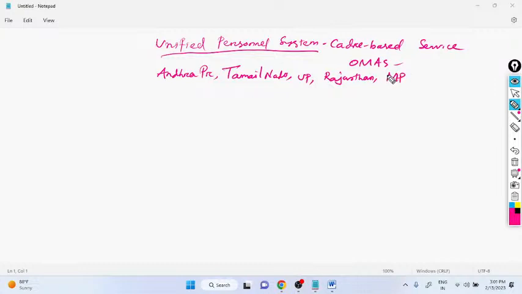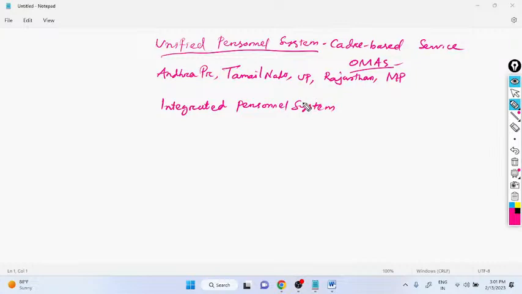I told you the state government appoints, administers and controls the municipal personnel. In other words, statewide services are created for all urban services, cadre based services, like OMAS. Then in the integrated personnel system, the members of the state civil service are recruited in the urban areas.